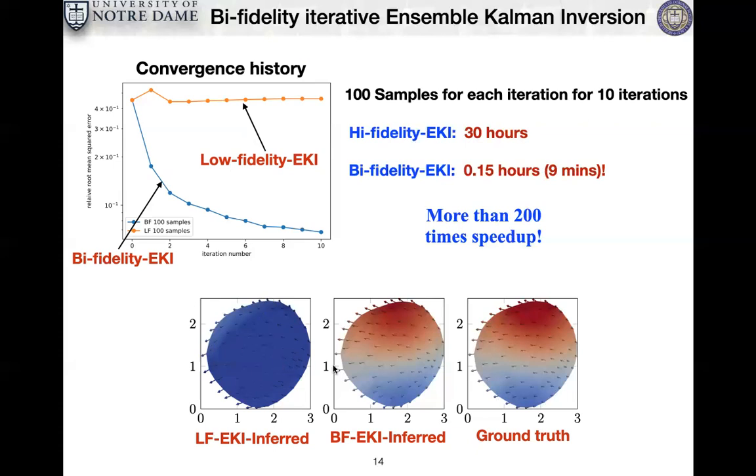If you look at the contours in the figure below, it compares the inlet velocity profile and the vector field between the ground truth, the bifidelity EKI inferred, and the low fidelity EKI. You can see that the low fidelity EKI is very different from the ground truth. However, our bifidelity EKI gives a very close prediction compared to the ground truth, with a much more acceptable computational cost compared to the high fidelity method.